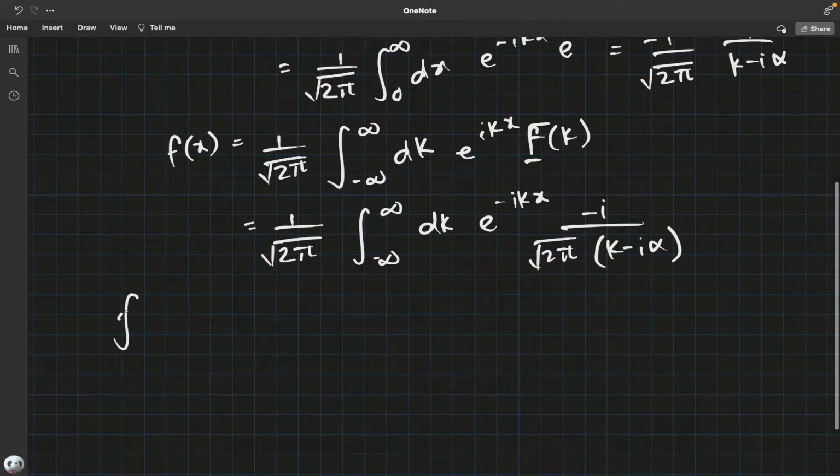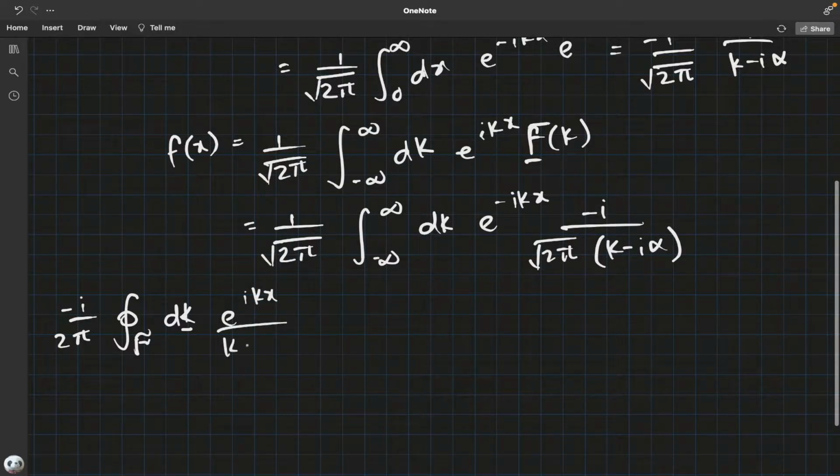So let's say we have a contour, which I will denote with a curly F for the Fourier contour. It's literally everything that's the same. I'm collecting the square root 2 pi like this. I have dk because we're integrating over that, where k is complex, but only for this integration, divided by k minus i alpha.